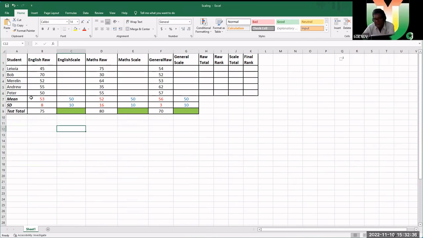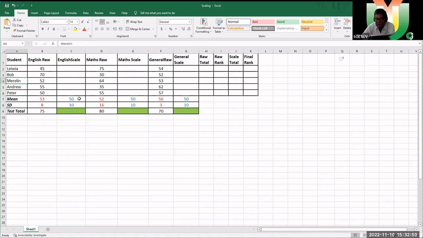They have sat the English test, maths test, and general studies test, and these are their raw scores. We have 45 out of 75, Pope 70 out of 75, we have Marilyn and so on.